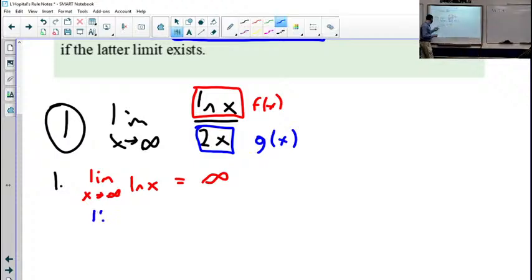Then I need to check separately the limit of the bottom. As x gets larger and larger and larger, 2x also gets larger and larger and larger.